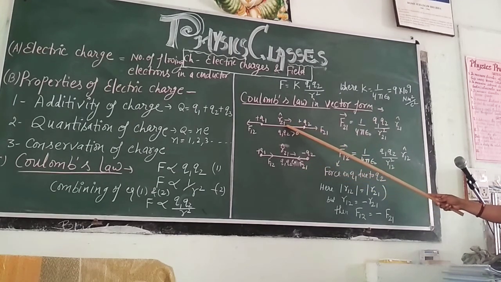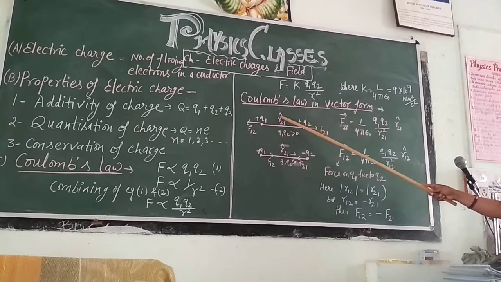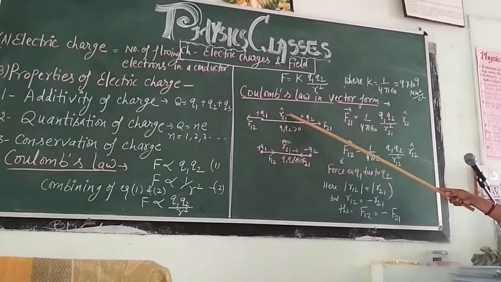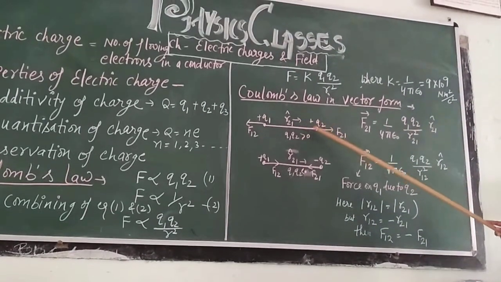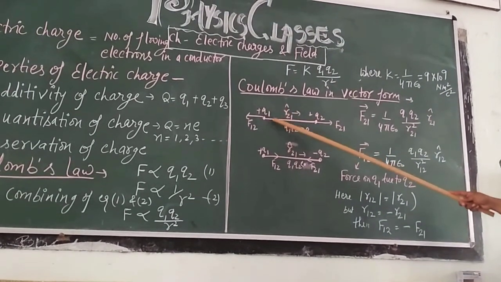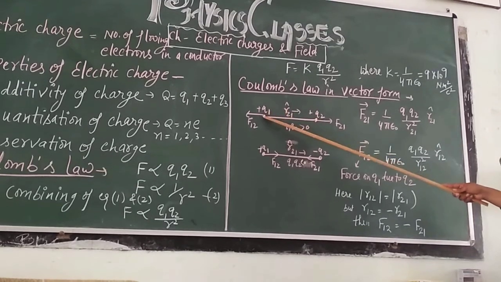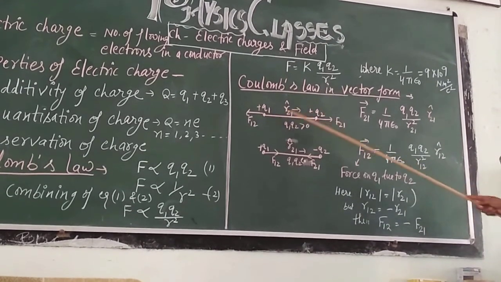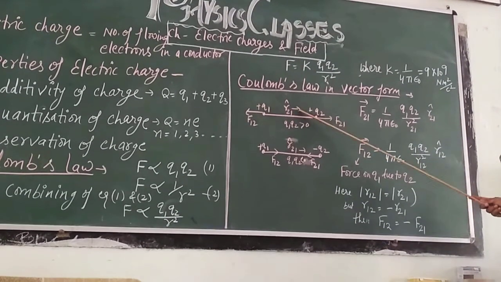Here r21 is the position vector, the unit vector shows the direction. Its direction is from 2 to 1. If we consider the force on q1, the distance from q2 to q1 is r21.